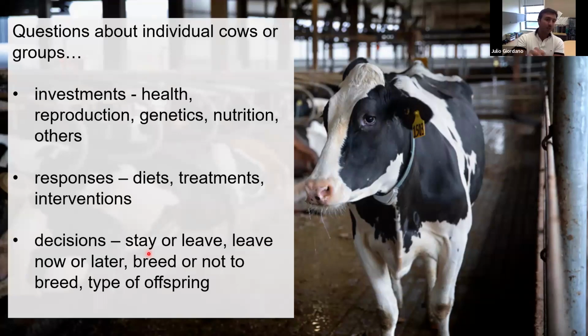So does it make a difference if we do it today or if we do it 1 week from today? Breeding or not breeding cows, today, especially now with the different types of offspring that are being generated, can we make decisions about the type of offspring that we want to generate from an individual cow? So the questions and the decisions to be made are probably endless.